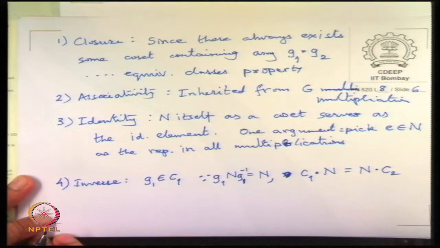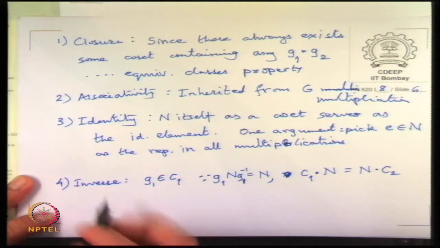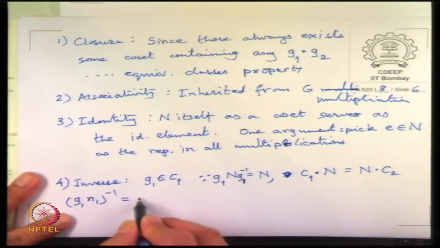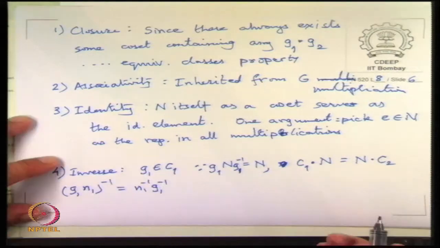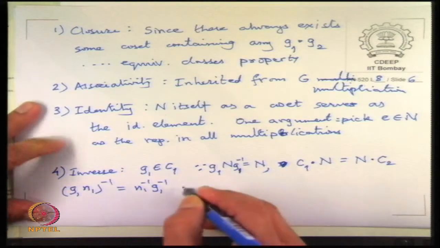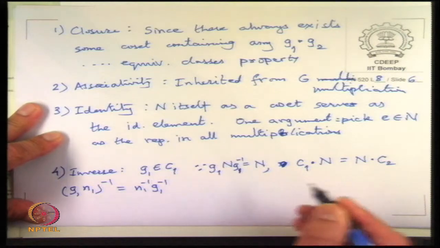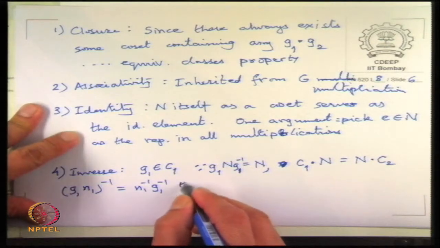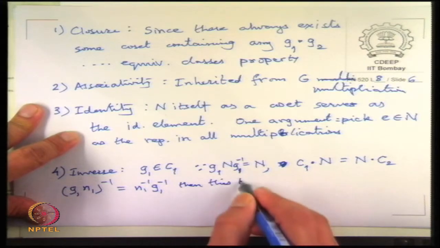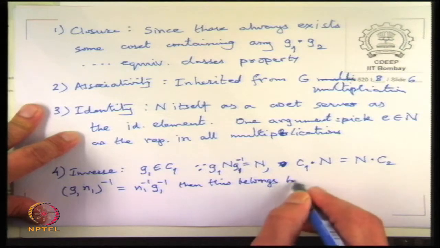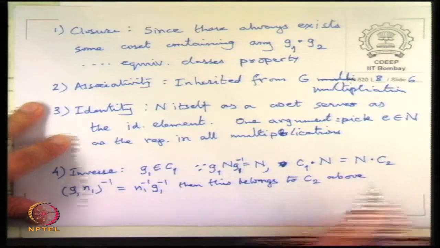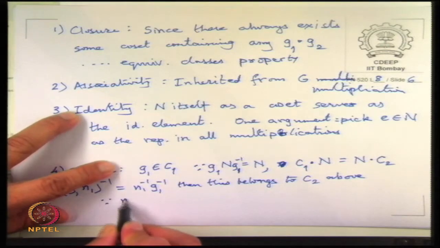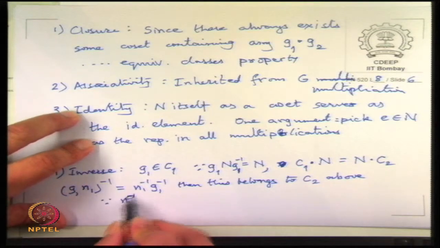What we have to show is that if I take G1 times some N1, its inverse is equal to N1 inverse G1 inverse.